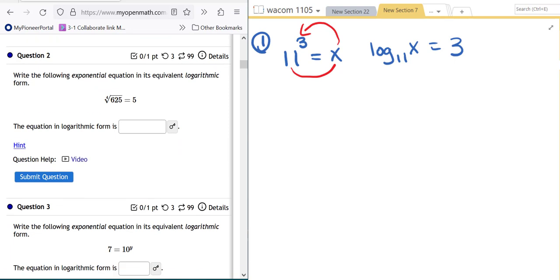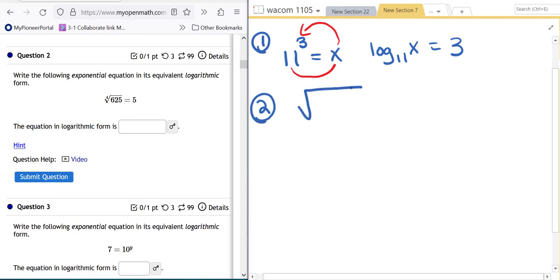All right. So next I went to number 2. And I would rewrite, we'll write the problem first, but I would rewrite that as an exponent instead of a root. And remember, it's to a fractional power, and the 4 will be the denominator. So this is 625 to the 1/4 equals 5. That's just switching from radical to rational exponent.